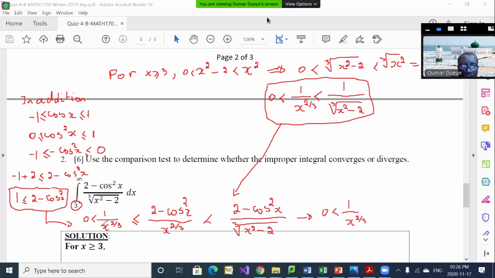I just copy this part here, the first inequality, and it's less than this one because this part here is less than this function, which is less than this one. So it means 1 over x is less than 2 minus cosine square. And now we're ready to conclude.